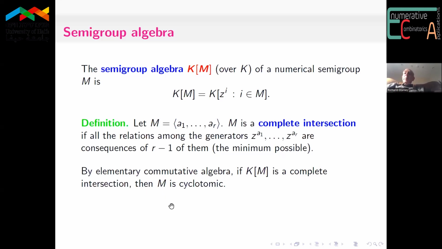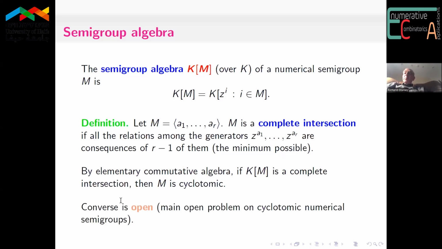So complete intersection semigroup algebras will give us cyclotomic semigroups. And the main open problem on cyclotomic numerical semigroups is the converse. If we have a cyclotomic numerical semigroup, is this semigroup algebra a complete intersection?